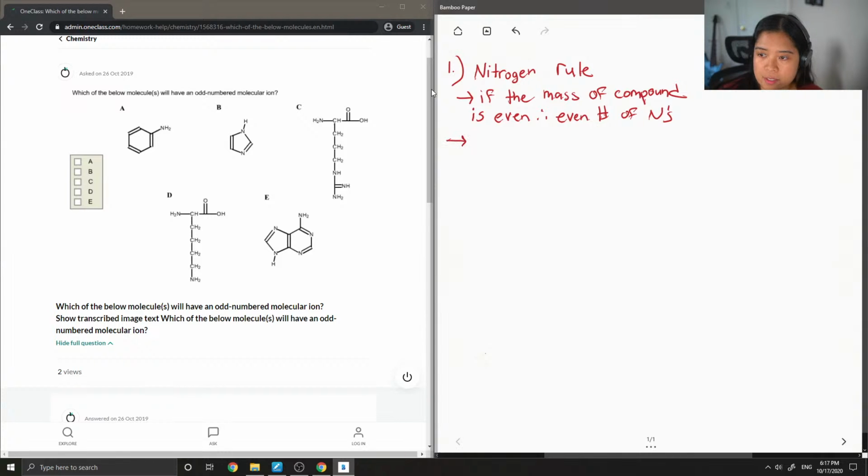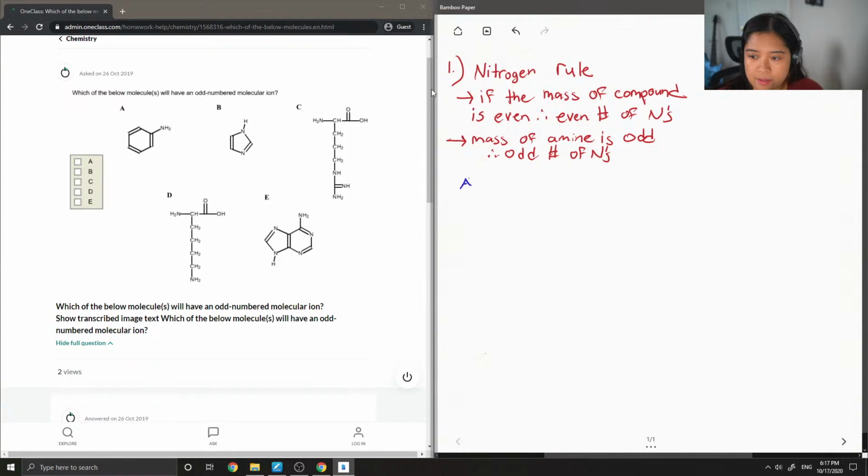And the opposite holds true as well. So if the mass of the amine is odd, then there are an odd number of nitrogens. Okay, so let's start answering the question now.